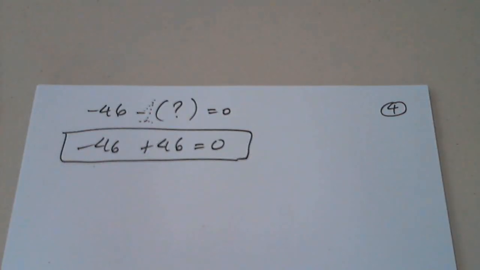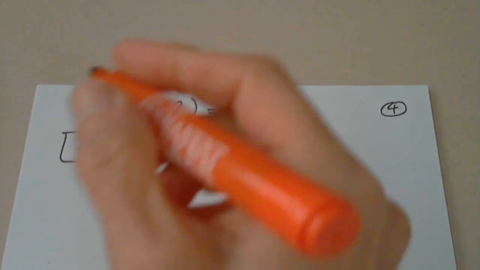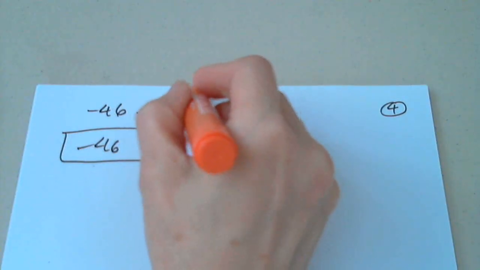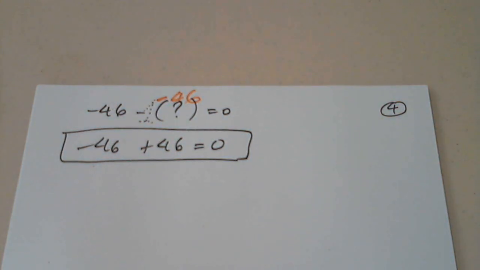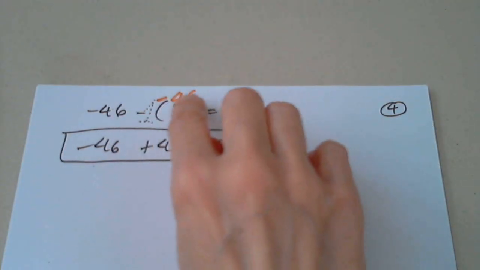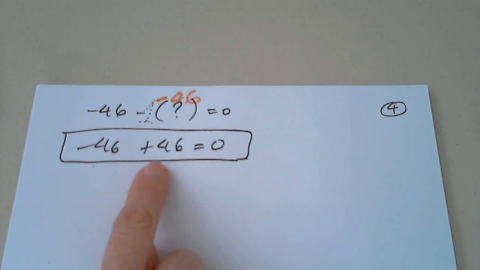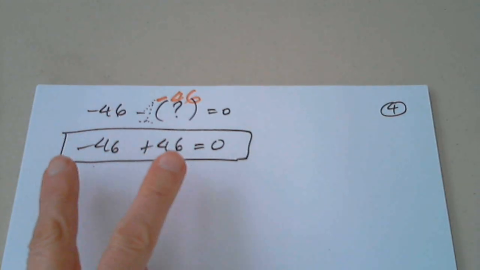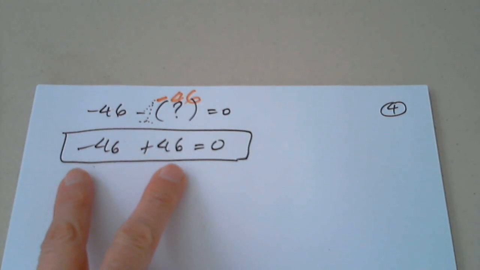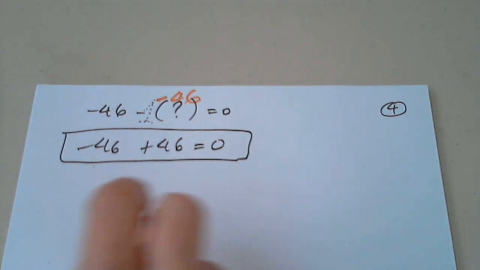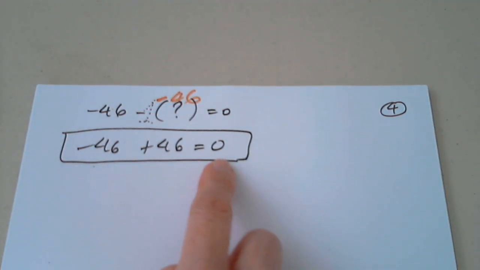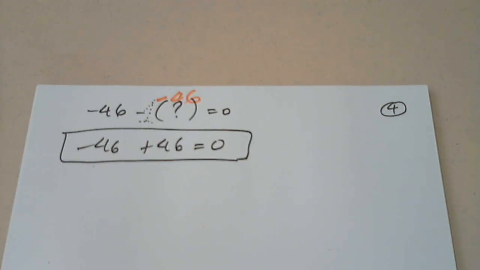What do you think this number should be? -46. Everybody agrees with -46? Because -1 times -46 will change into +46, and two opposite numbers, when I add them, will get us 0.